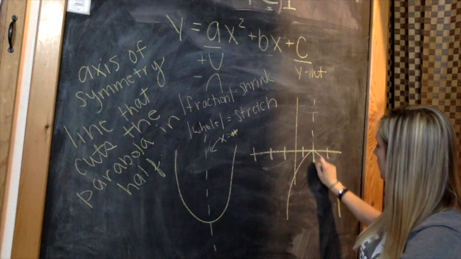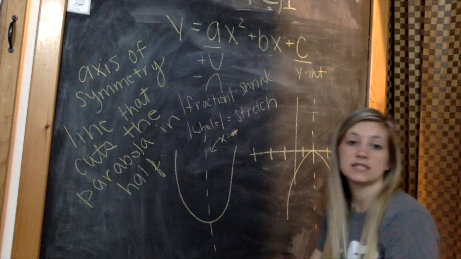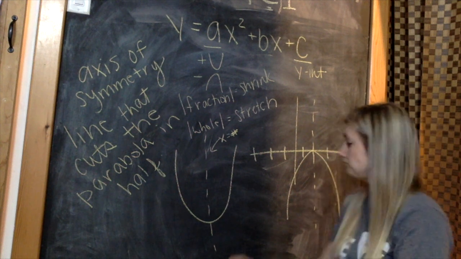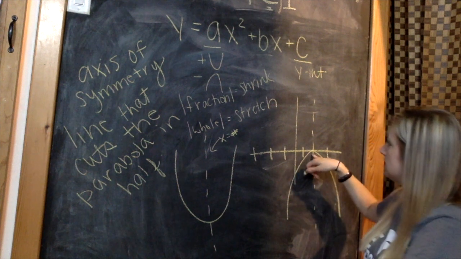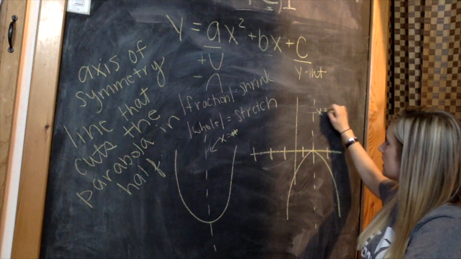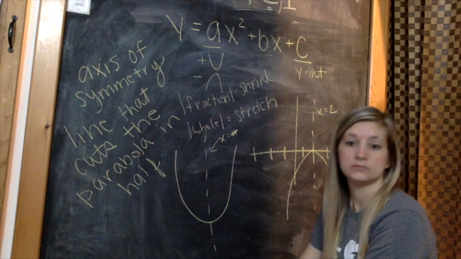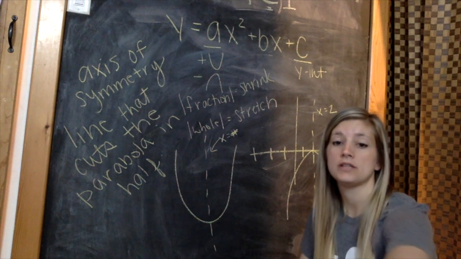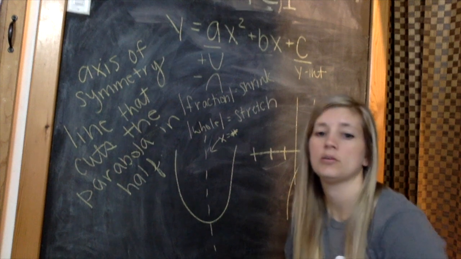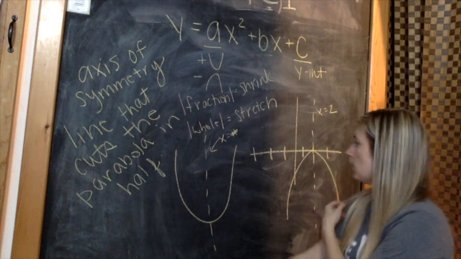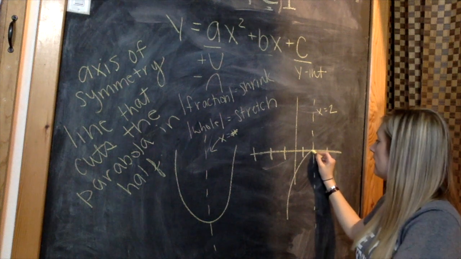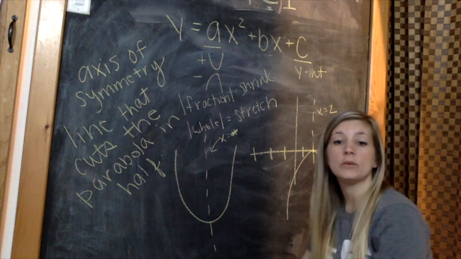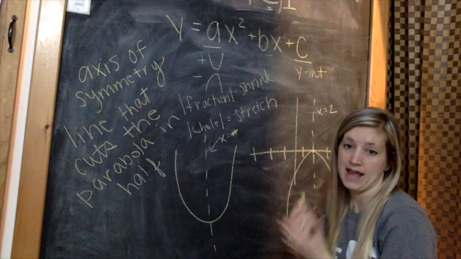If we draw it in, you all know this is the line where it folds in half. Then you look at what number that is on the x-axis. That number is 2, so this line is x equals 2. This is what we are going to lead into eventually. We're going to find exactly what that point is, but for right now, we just need to find where it folds in half.